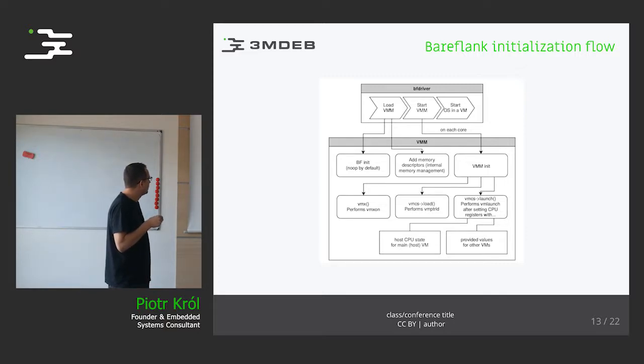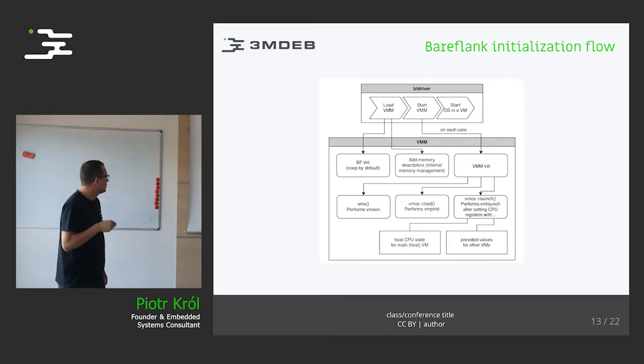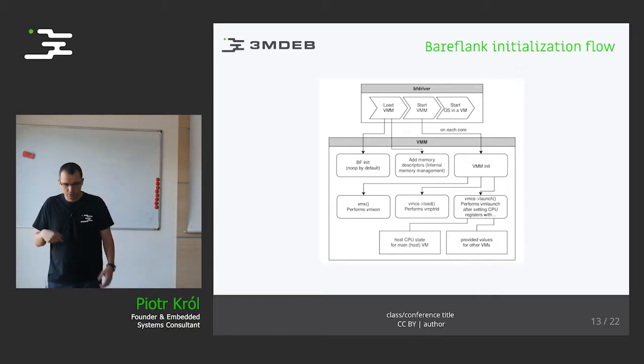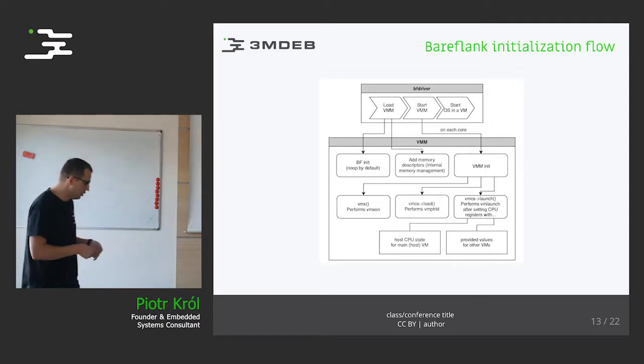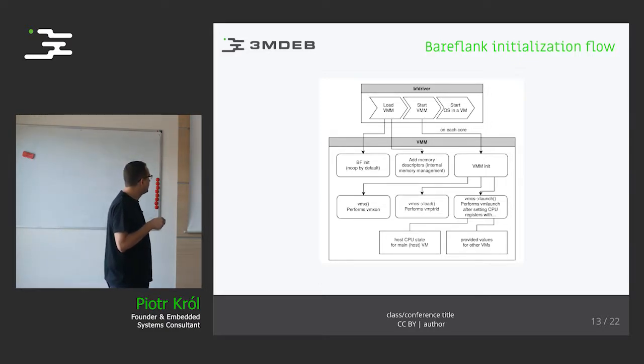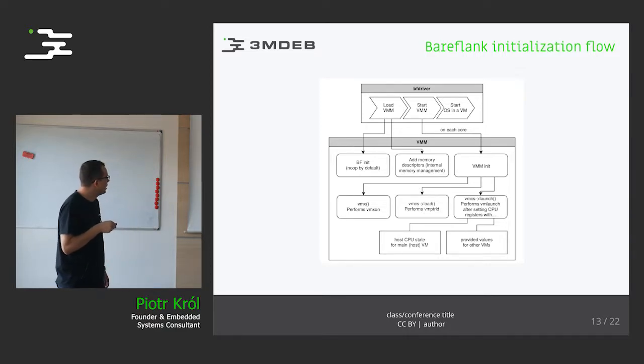First of all, we have load VMM. We want to load the virtual machine monitor, which will help us run virtual machines. Then there is Bareflank init, where we could do some things, but right now there is nothing.